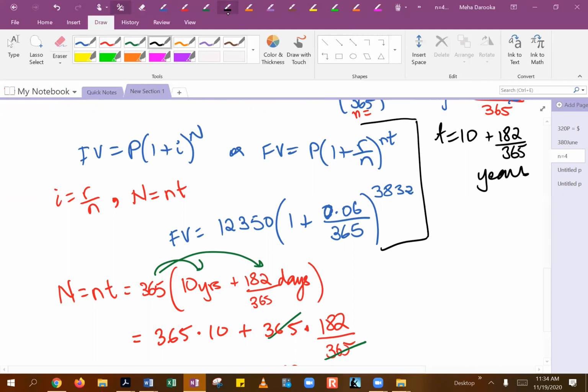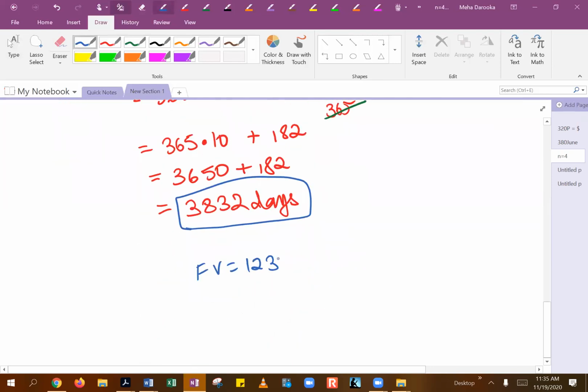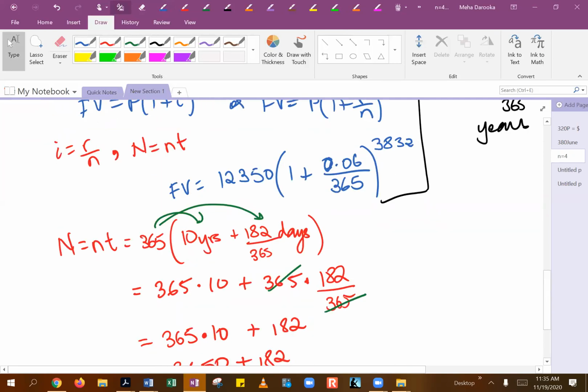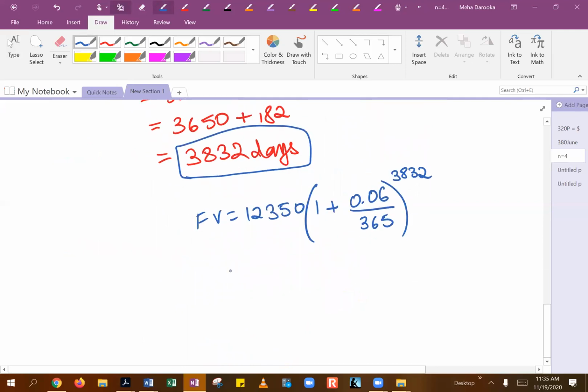So this is our calculation that we now need to figure out. We will be looking at our future value of principal of 12,350 being multiplied with 1 plus our 6% divided by 365, and then our exponent is 3,832. So when we go through this calculation, what does our future value end up looking like in this case?